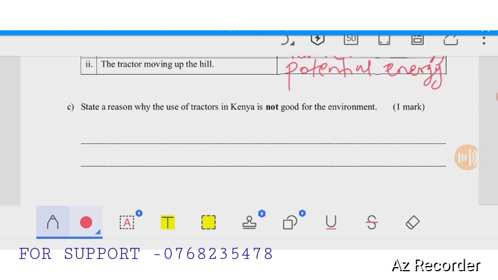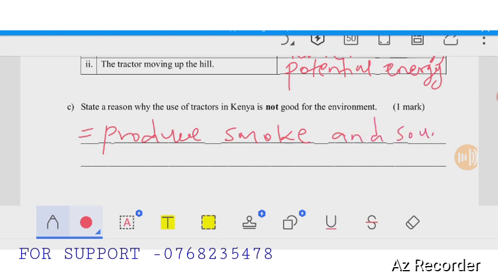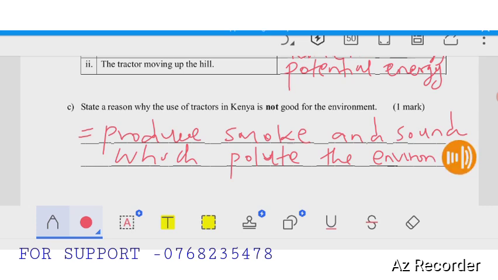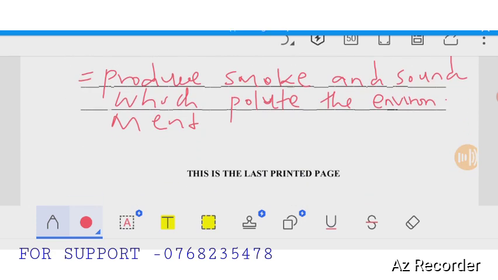So the tractor produces smoke and sound, which pollute the environment.